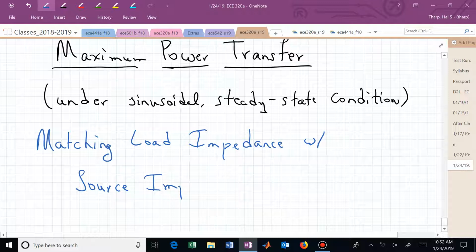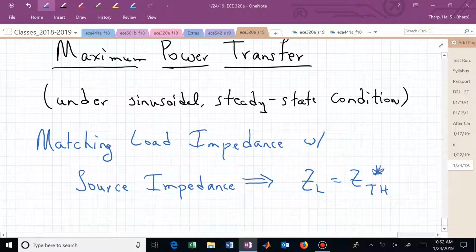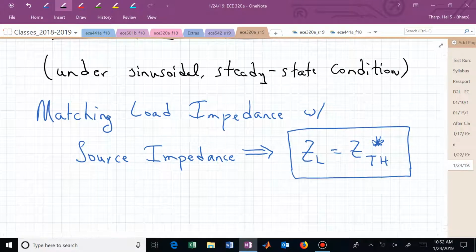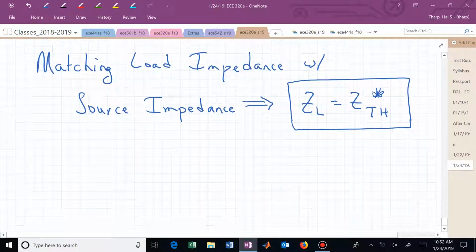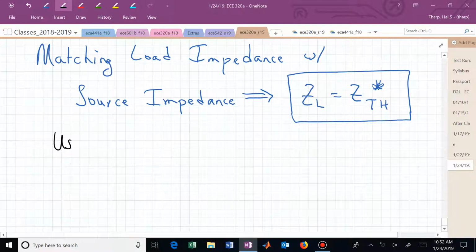And matching is not meaning setting equal to quite. It's actually meaning that the load impedance, Z sub L, is the complex conjugate of the source, or the Thevenin impedance. And I should say we probably don't want to be doing this in a power situation, meaning if we're pushing large amounts of power. This matching of load impedance in sinusoidal steady state is useful if we're dealing with sensors or communications.